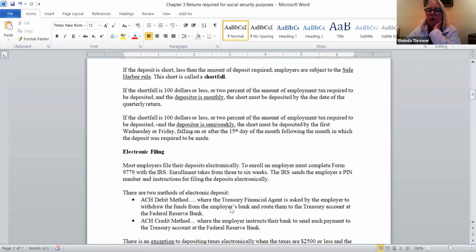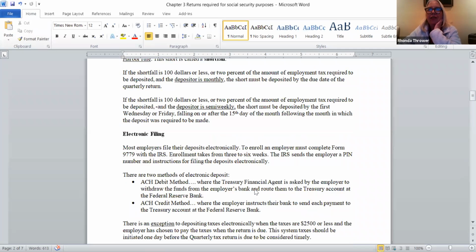There are 2 methods of electronic deposits that you can choose from. The ACH method, or the debit method, is where the Treasury financial agent is asked by the employer to withdraw the funds from the employer's bank account and route them to the Treasury account at the Federal Reserve Bank.